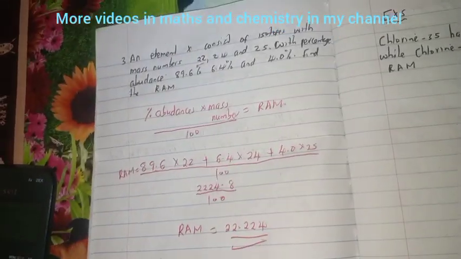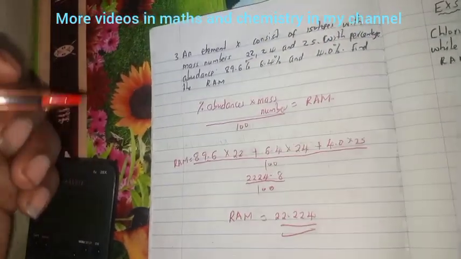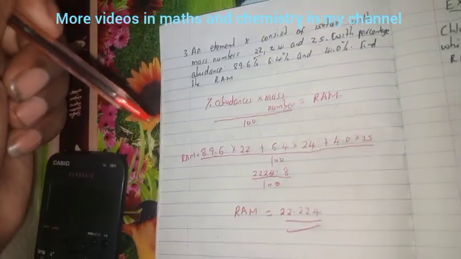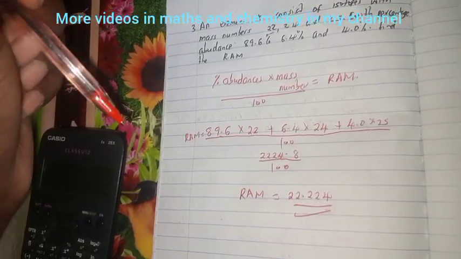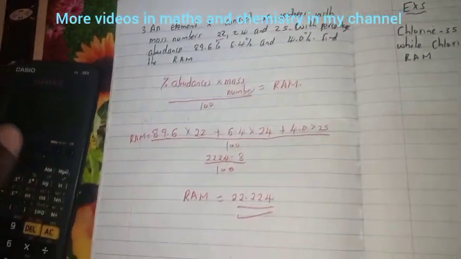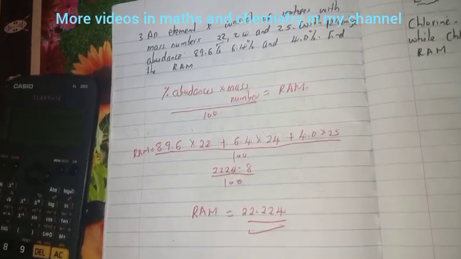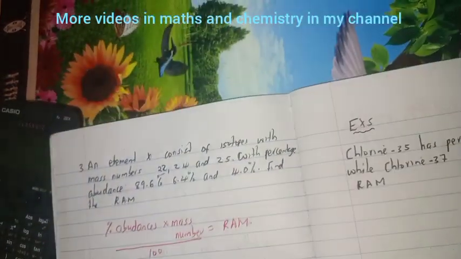Now we normally say that RAM is the mass of a given isotope compared to that of carbon-12. Carbon-12 is the point of reference, and that's why we use carbon-12 to describe that.